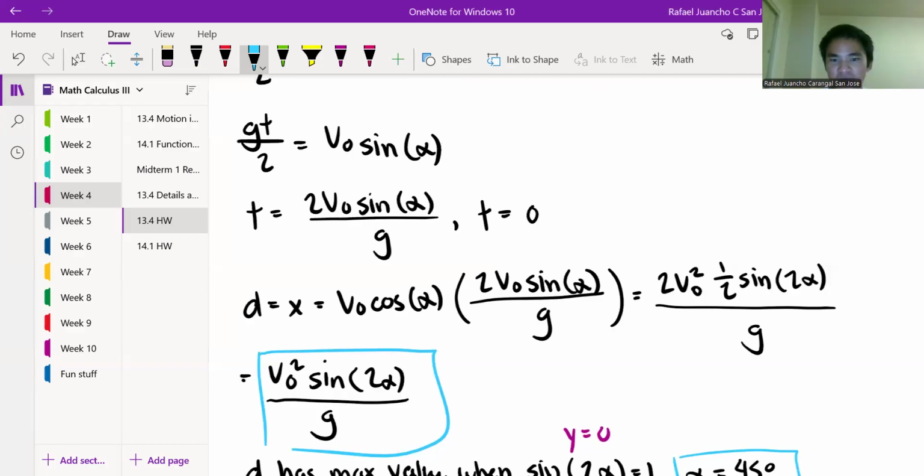Yeah, it wants me to do cosine alpha and sine alpha. That's what it wants me to do. Cosine alpha, sine alpha. That way, if I multiply those two, I get a 1/2. Yeah. Let me say something about 1/2.